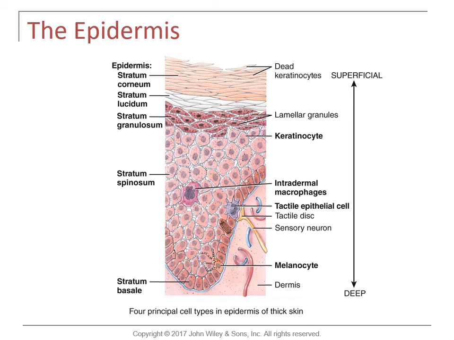So here this figure is showing the 4 principal cell types in the epidermis of thick skin. First, let's look at the 5 layers. This is the epidermis, right?